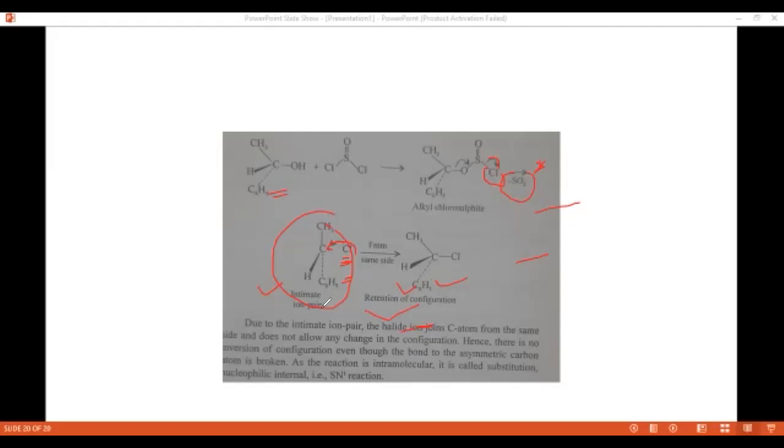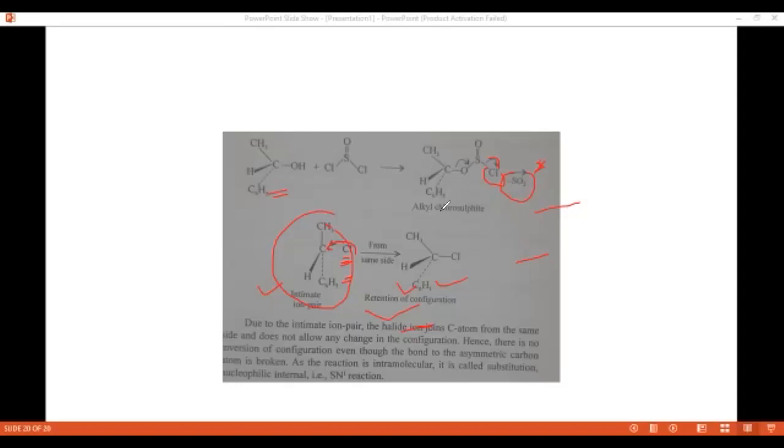Due to the intimate ion pair, the chloride ion attacks from the same side as the hydroxyl group and does not allow any change in configuration. There is no inversion, even though the bond to the asymmetric carbon atom is broken.